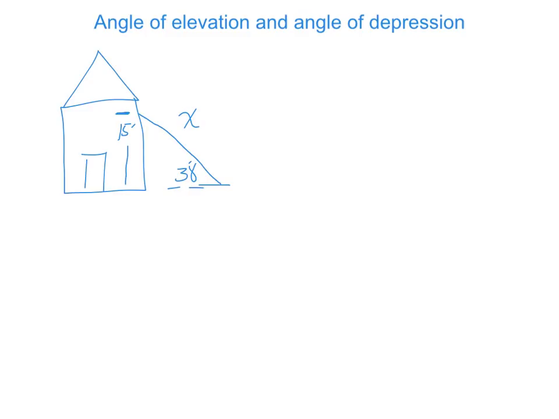Got a house, got a ladder. We need to know the size of the ladder so that it can reach 15 feet up, and we know that the safety angle, so that the ladder doesn't tip or we don't fall backwards on it, is 38 degrees. The way the problem is going to be worded is they're going to tell you that the 38 degrees is the angle of, and this is my symbol for, angle of elevation.